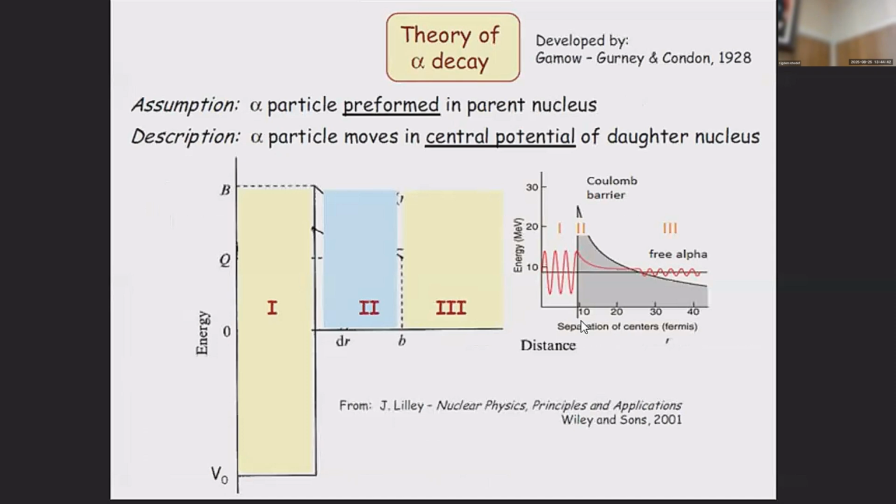Imagine this is, let's call it, a binding potential. Here there is uranium, but there isn't uranium now. Thorium plus alpha is here, and the alpha is in a positive energy state.